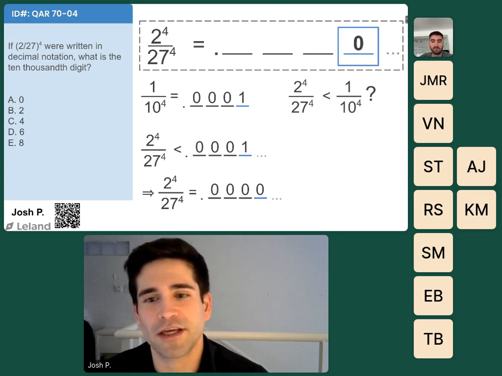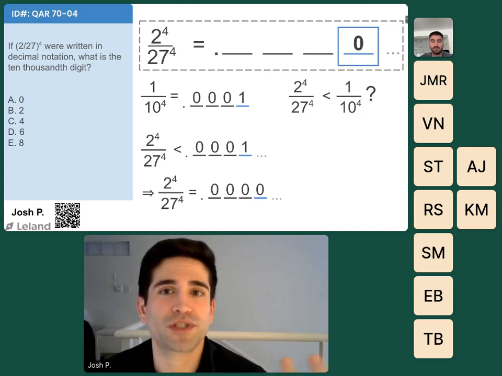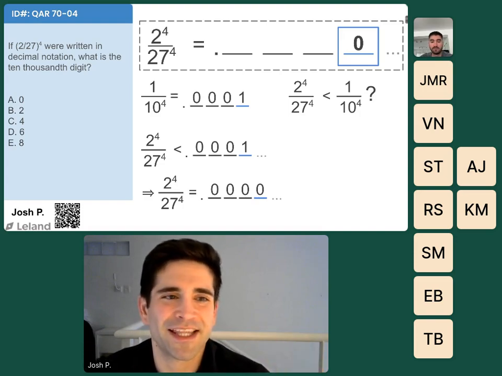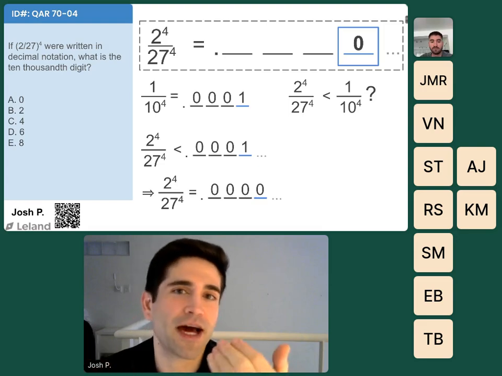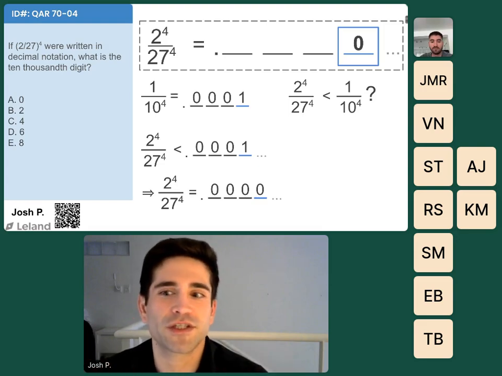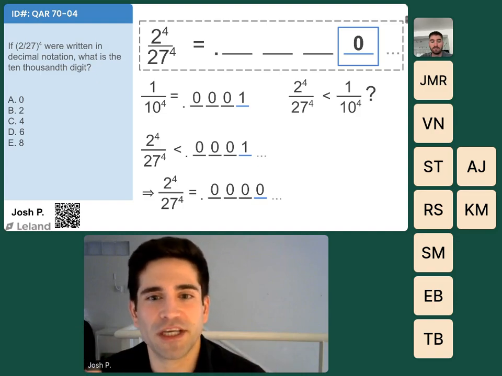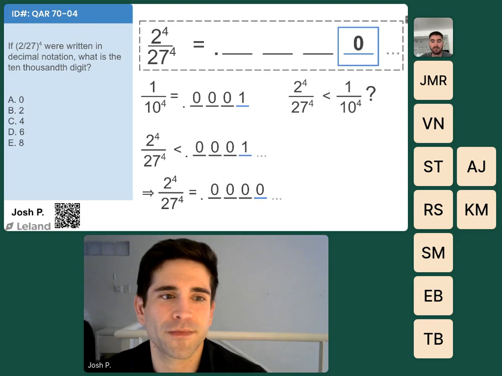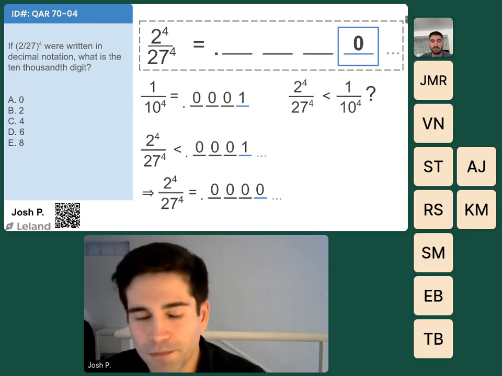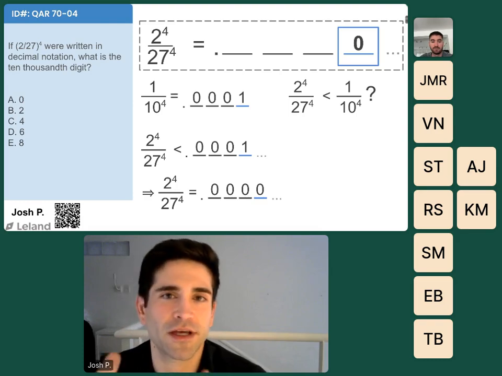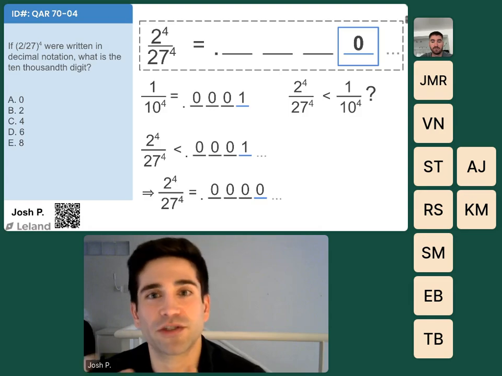Now, you could also be asking, what if A wasn't zero? What if zero was not an answer choice? Then this problem probably will not appear on the GMAT because they want to test if this type of reasoning will come to you on the test. So I would bet that if you have a question like this, zero will be one of the answer choices.